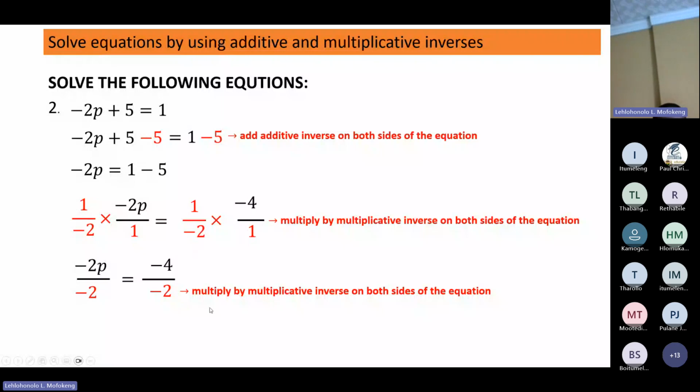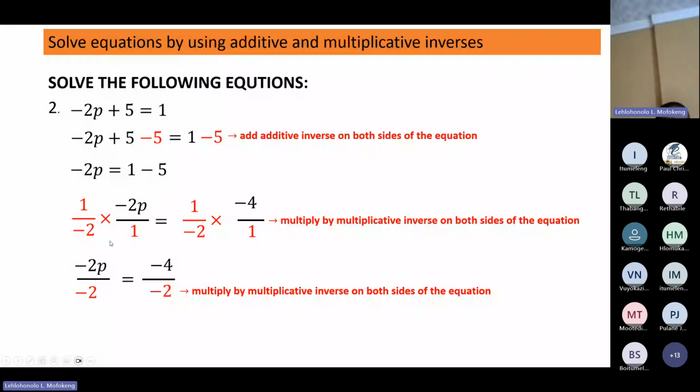For this step, it is clear that most of the time, when we solve from negative 2p equals 1 minus 5, we say you divide by negative 2. Yes, this step shows exactly that we divide by negative 2. But where did it start? It started where we actually applied the multiplicative inverse. So be aware that whenever we solve equations, if we have to move the coefficient such that we are left with the variable, we actually apply the multiplicative inverse.